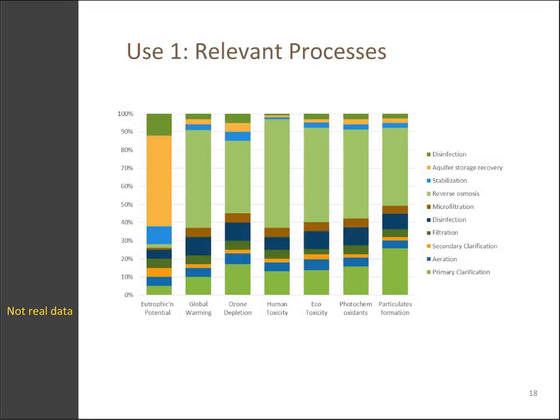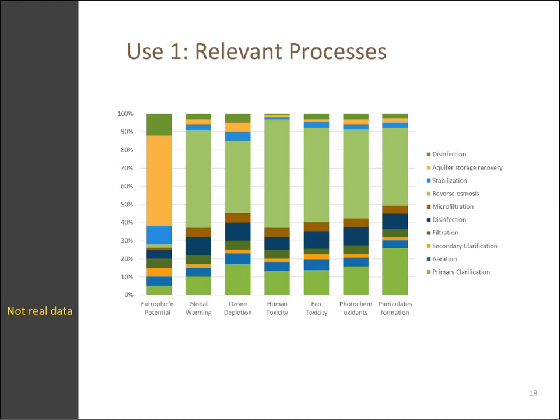For instance, in this graphic, you see that between all the different phases of this process, disinfection, aquifer stabilization, reverse osmosis, microfiltration, every impact category contributes to this process in a different place, and you see that human toxicology and ecotoxicology are at the same rates as the other categories.